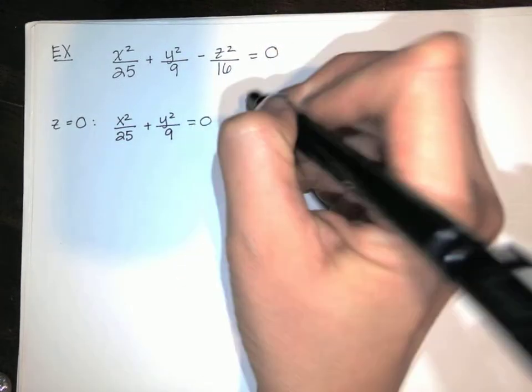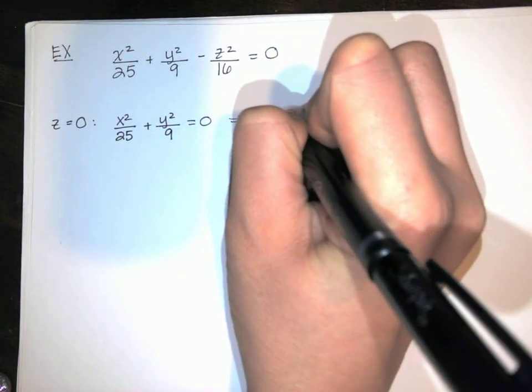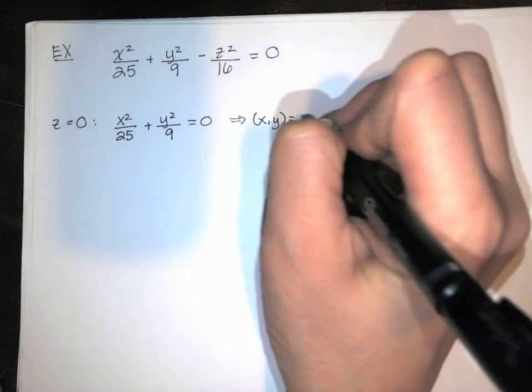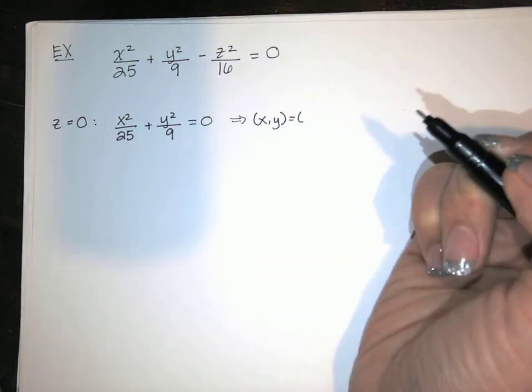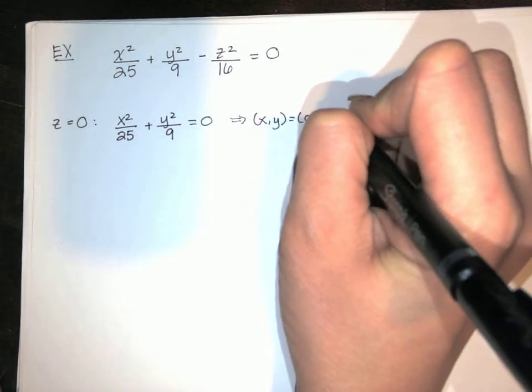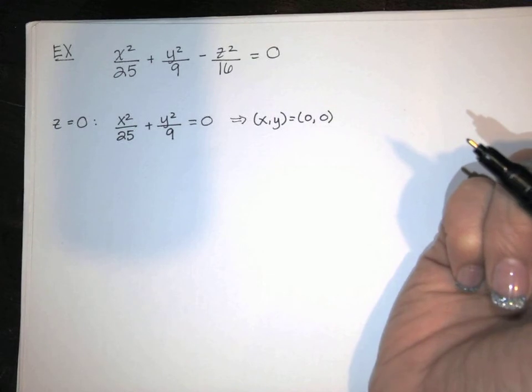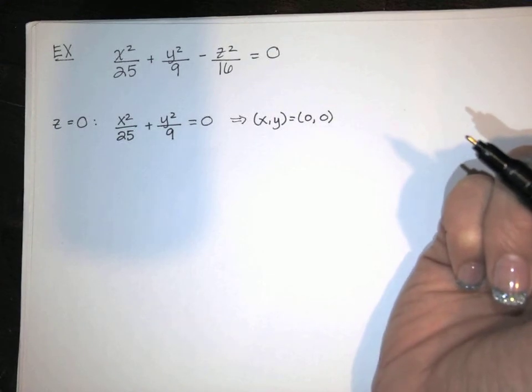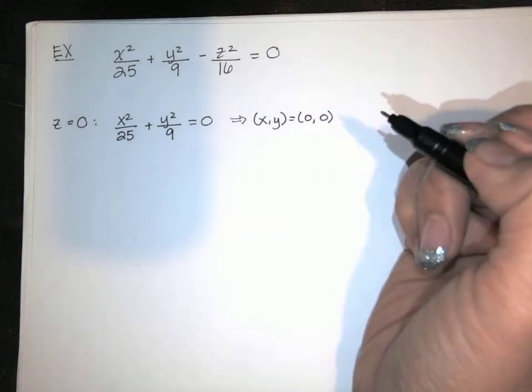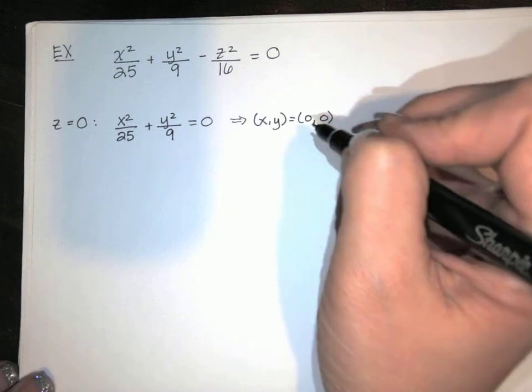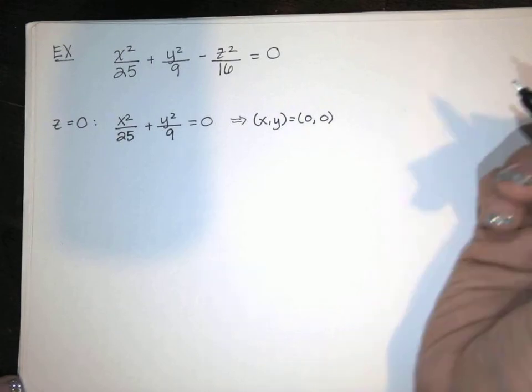That means we don't get a curve, we get a single point. One of my students said it's a degenerate ellipse. Kind of. We get 0, 0. You could also call it a degenerate circle. It's just a point, right? There's only one point that satisfies that equation, and it's 0, 0.